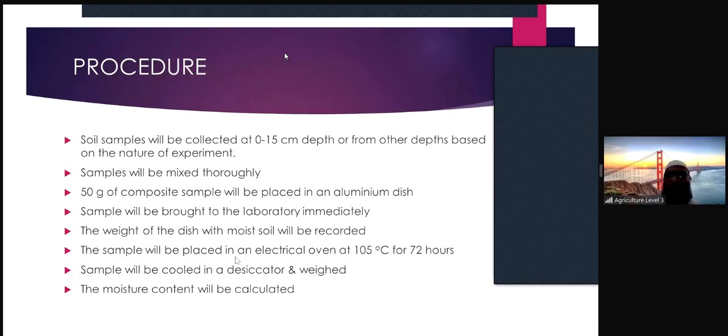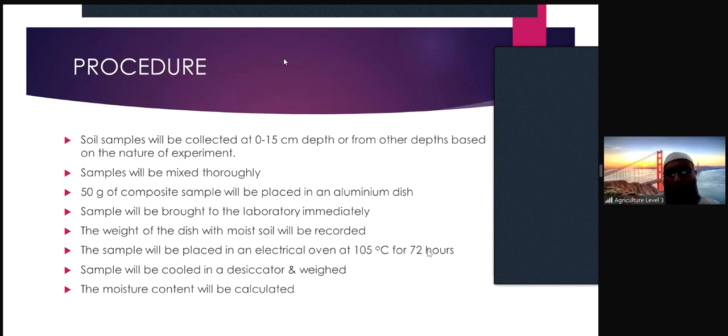The sample will be placed in an electric oven at 105 degrees centigrade for 72 hours. So we need to dry it now. To dry it, we need to put it in the electric oven, and in that electric oven, we'll be maintaining temperature at 105 degrees centigrade, and we'll continue it for 72 hours for complete dryness.